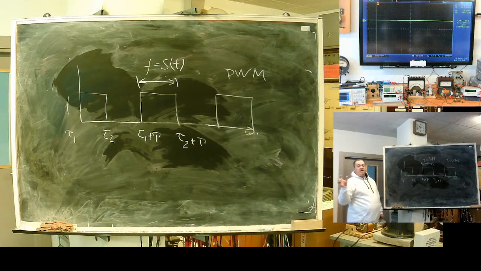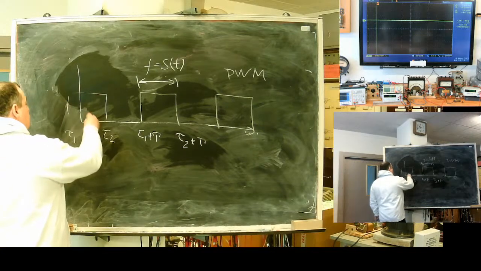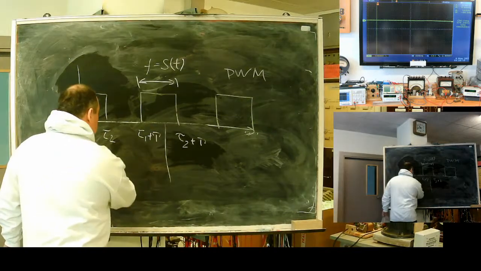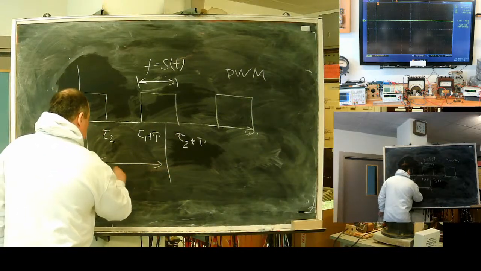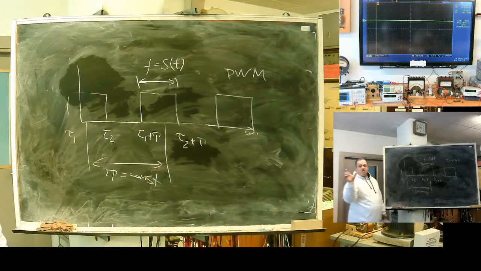Note that in the first version, timing between pulses is shifted. Here, timing remains constant, but the width of the pulse changes.